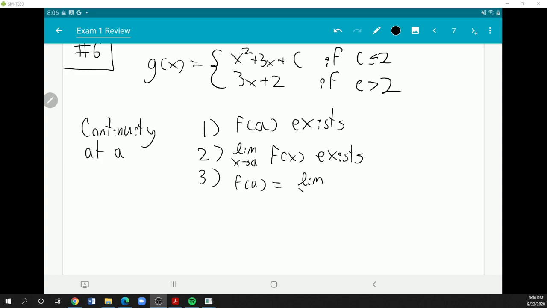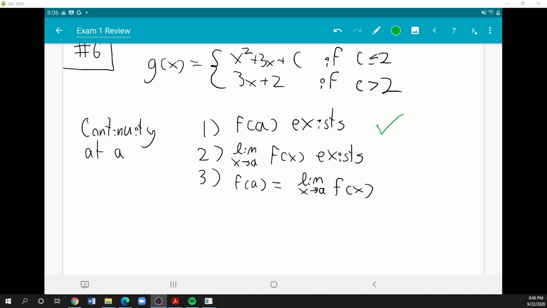Remember, that's what it means for a function to be continuous. Okay, so the first one we have check marked for free because I can just plug in. So I need to make sure that this limit exists. And when I do that, I'm going to make sure the other 2 things hold.